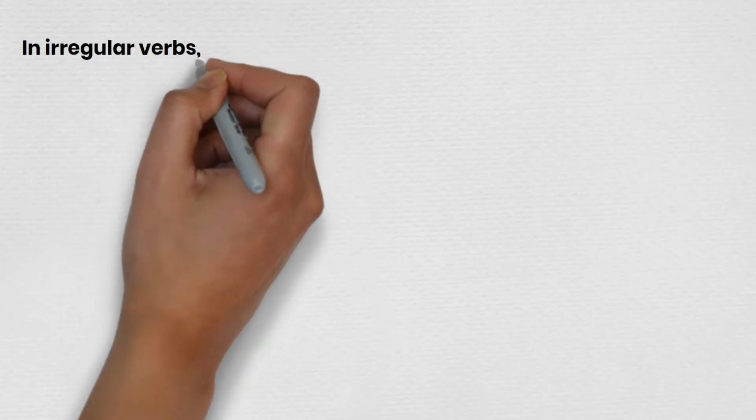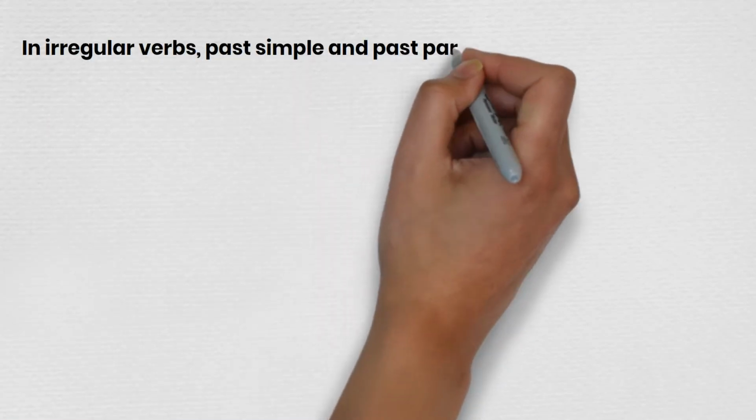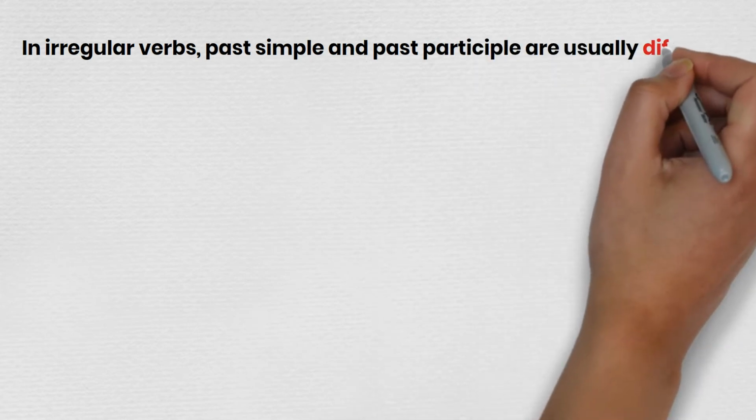In irregular verbs, the past simple and past participle are usually different.